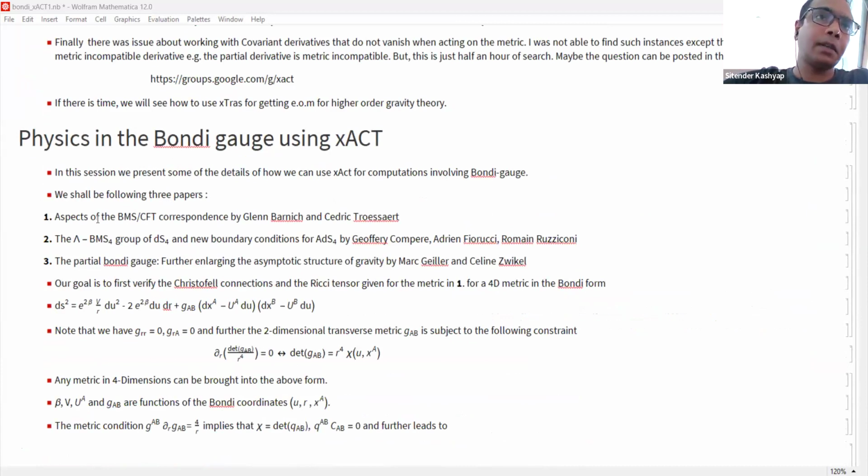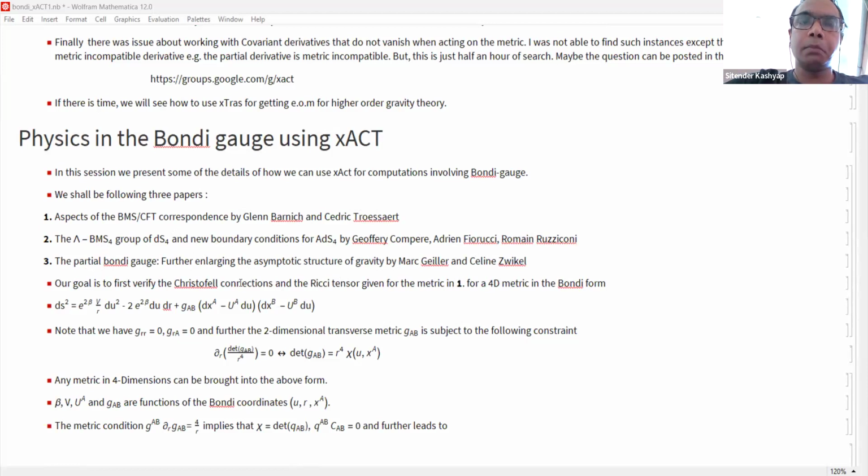The first reference is Aspects of BMS/CFT Correspondence by Barnich and Troessaert. The second is The Lambda-BMS4 Group of dS4 and New Boundary Conditions for AdS4 by Compère, Fiorucci, and Ruzziconi. And the third paper is Partial Bondi Gauge: Further Enlarging the Asymptotic Structure of Gravity by Marc and Céline. These are the primary references that we shall be using.